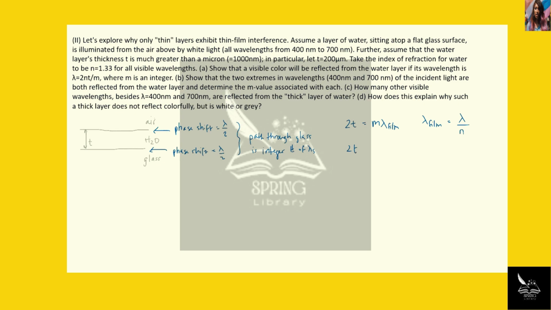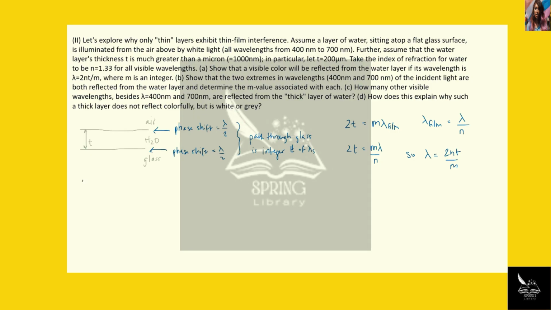So 2t equals m lambda over n, and we can rearrange to say that lambda is 2nt over m, as we were asked to show. Now we show that the two extremes of wavelengths for visible light, 400 nanometers and 700 nanometers, are both reflected from the water layer.